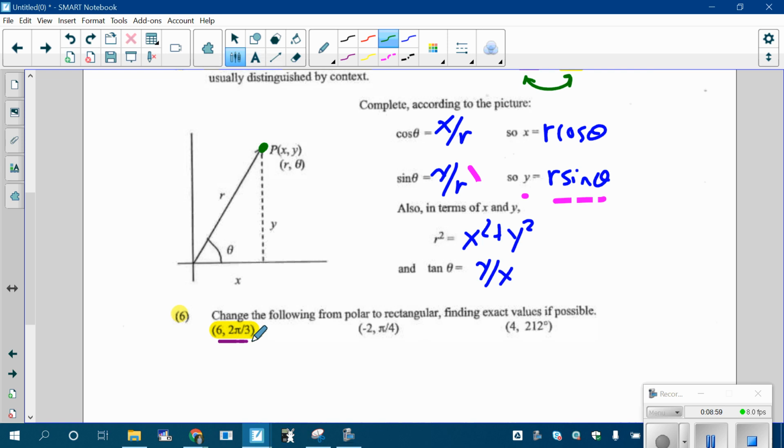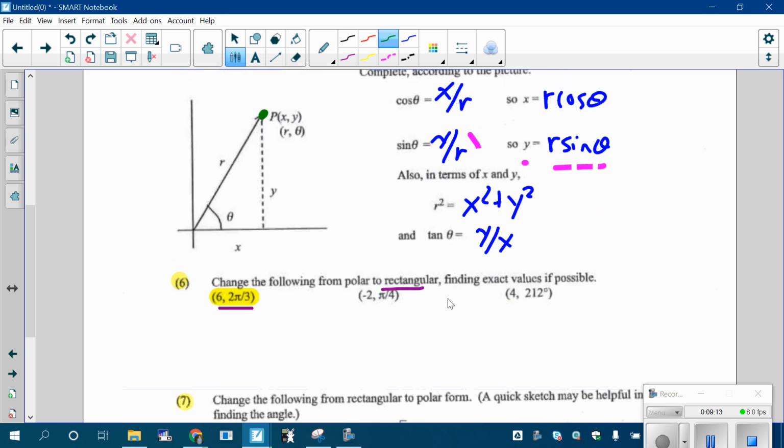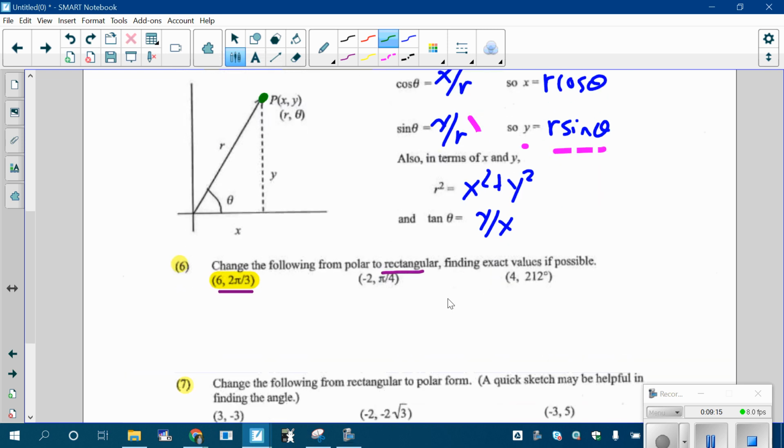Here's a polar point. There's our r. There's our theta. We want to figure out the rectangular coordinates. Okay. Well, if we know r and theta, we can figure out x and y using this information right here. Since r is 6 and theta is 2 pi thirds, x will be 6 times the cosine of 2 pi thirds.